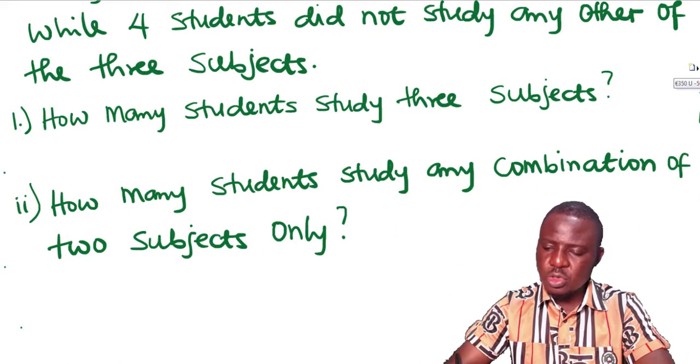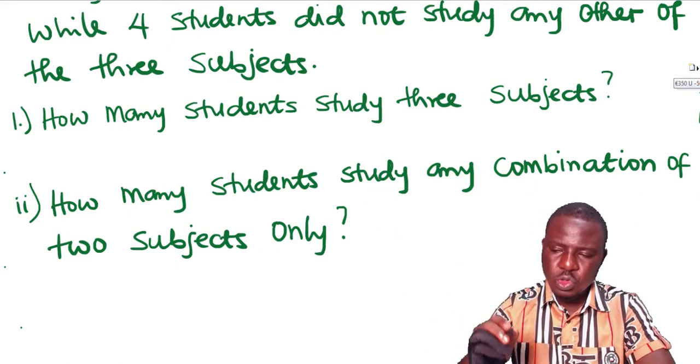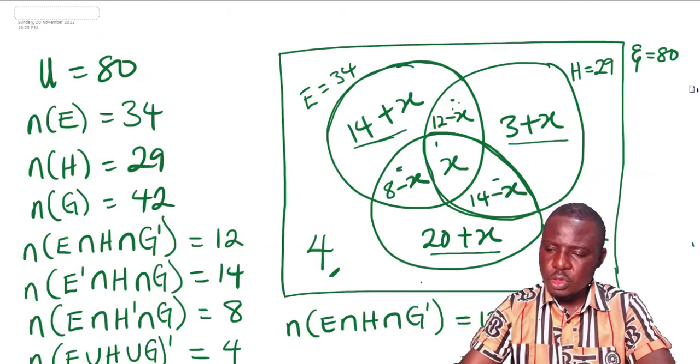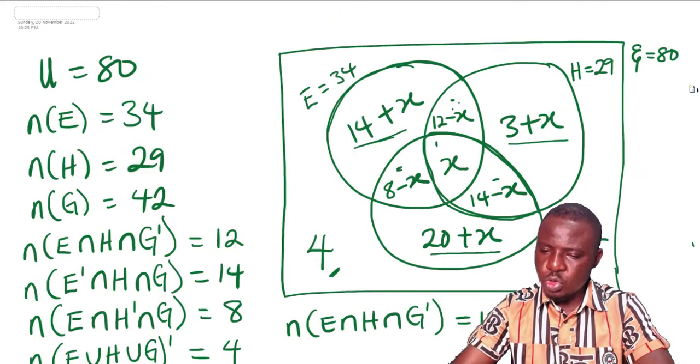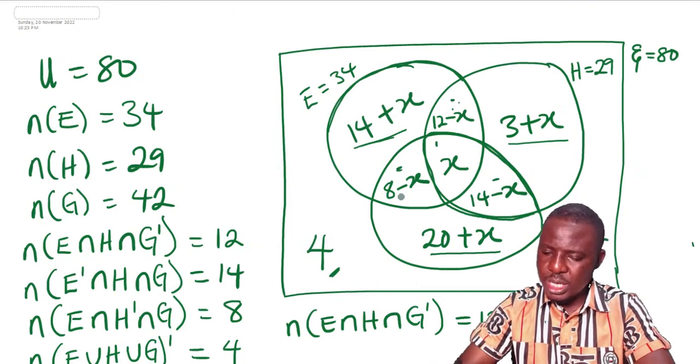They said, how many students study any combination of 2 subjects only? Okay. So those who study 2 subjects only, they are said to be 8 minus x, 12 minus x, and 14 minus x.